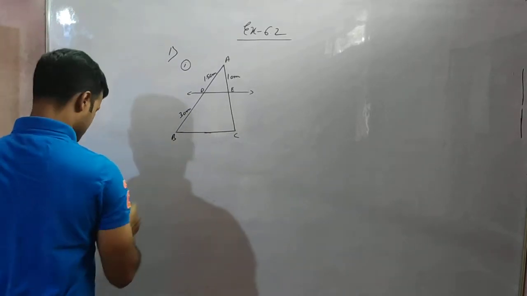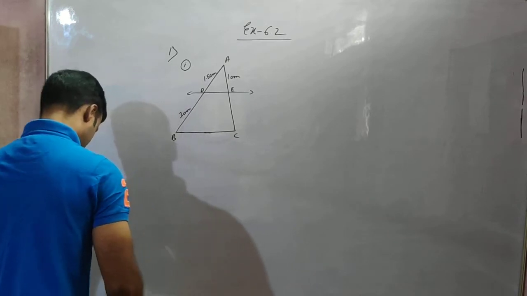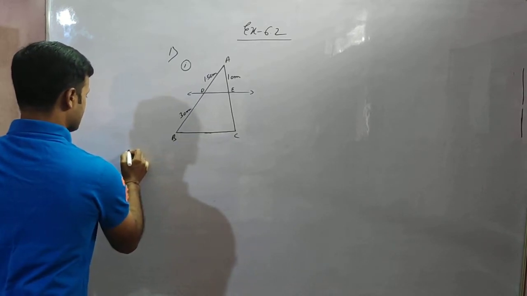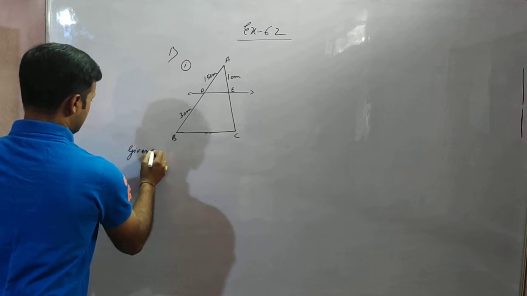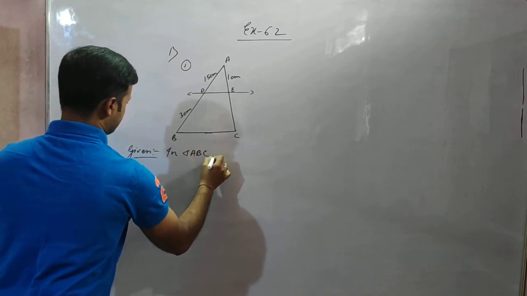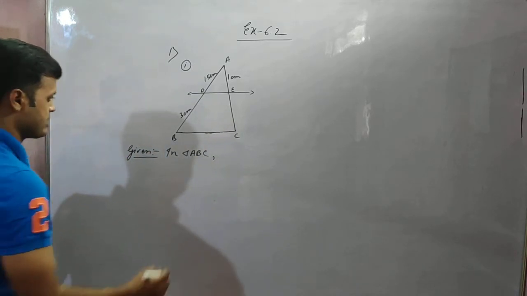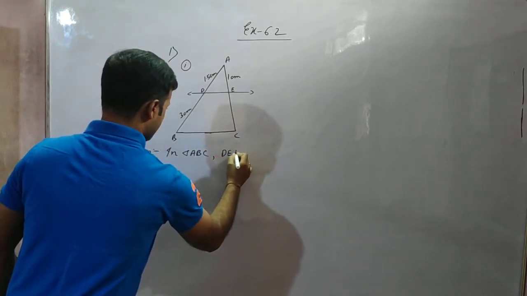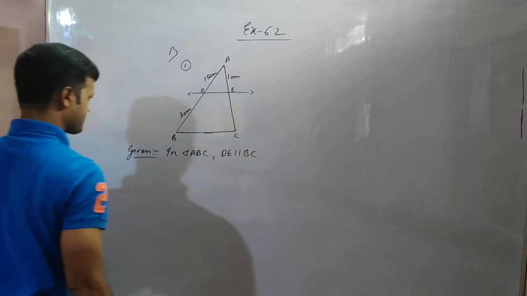Given in triangle ABC, students, DE is parallel to BC.